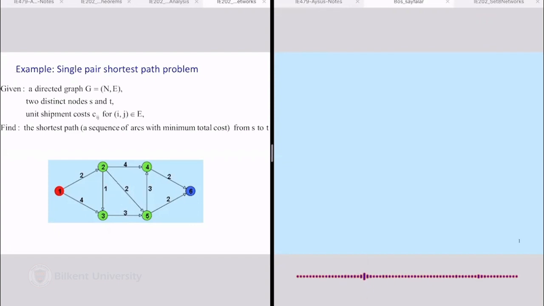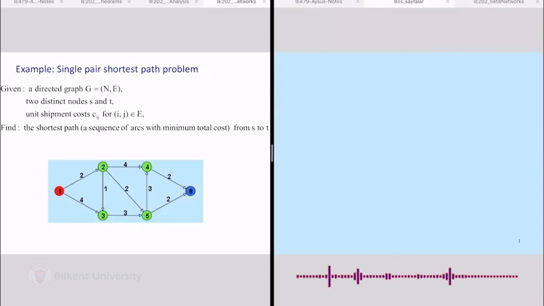This is what Google Maps keeps doing when you give it a source and a sink, and then the algorithm works and finds your shortest path, right? So that is our problem, over a directed graph, because usually highways are also one way or two way, whatever.